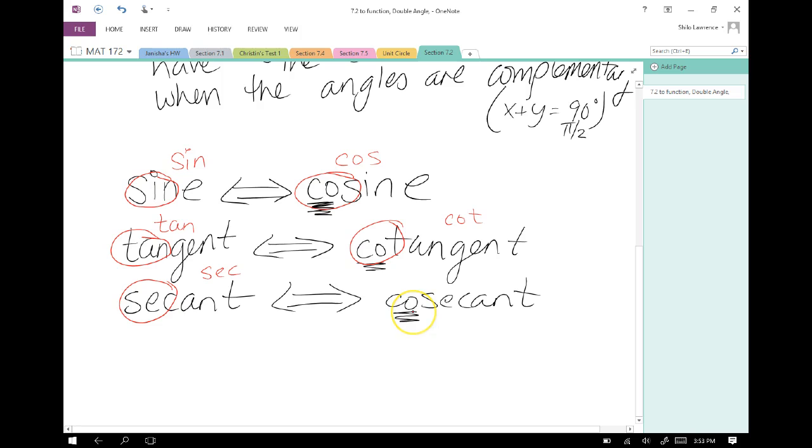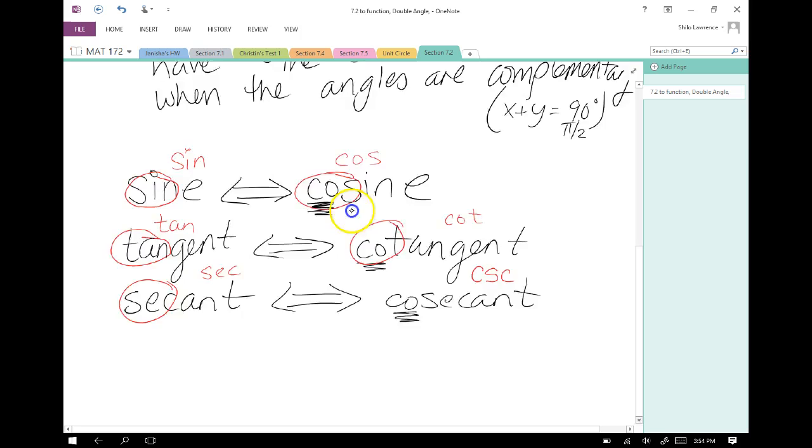So cosecant is the only trig function where we don't use the first 3 letters as the abbreviation. So cosecant is CSC. So just be careful with that. Cosecant is CSC. So these are the cofunction relationships. It's really just the same word with a co in front of it.